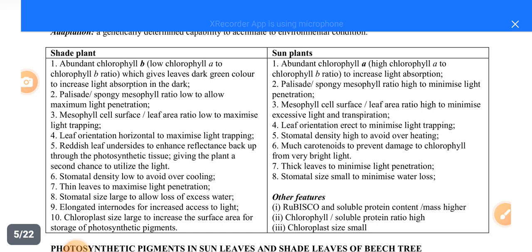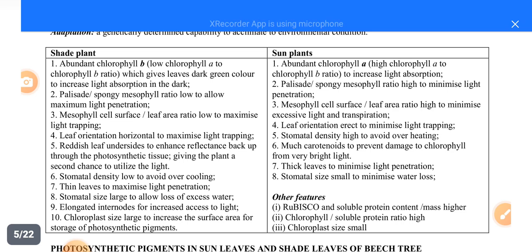Another point: the mesophyll cell surface to leaf area ratio is low to maximize light trapping. Then leaf orientation is horizontal to maximize light trapping.